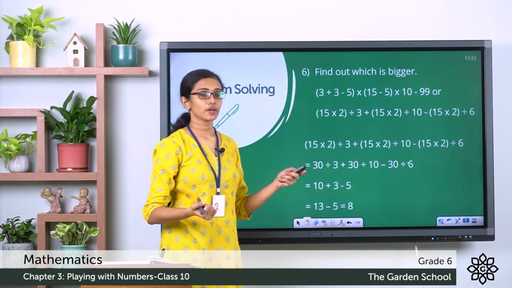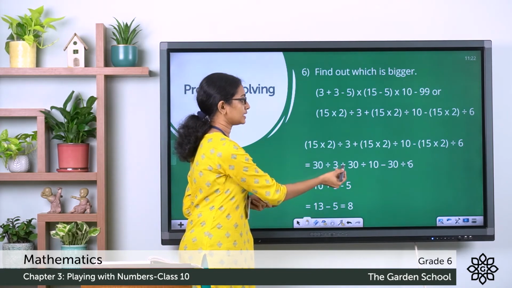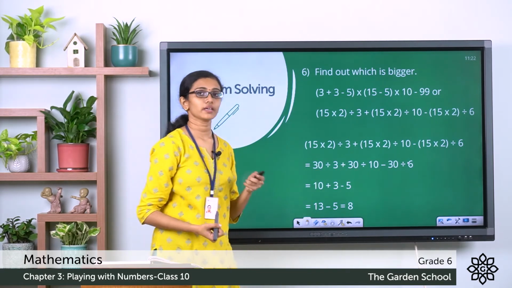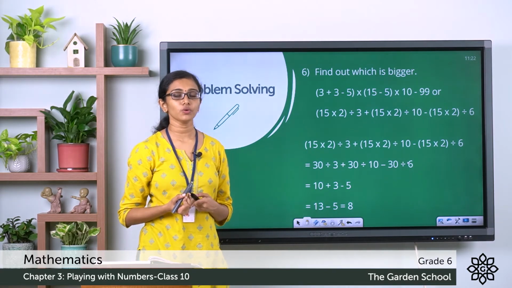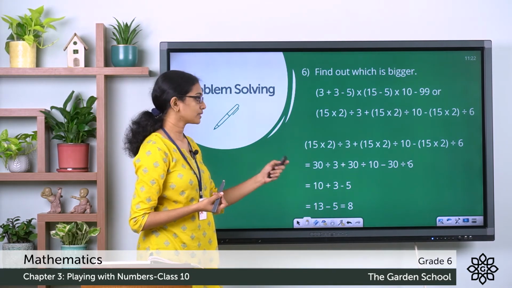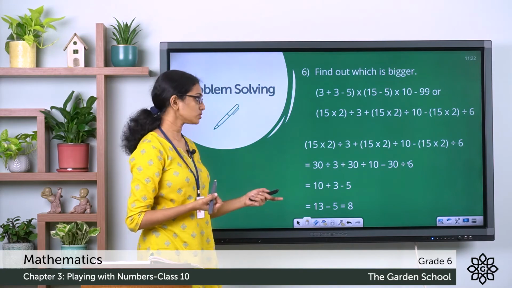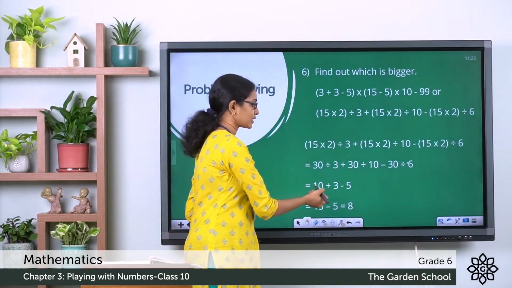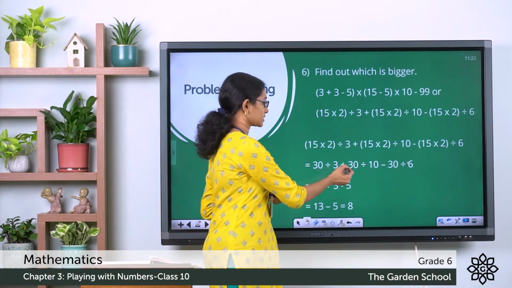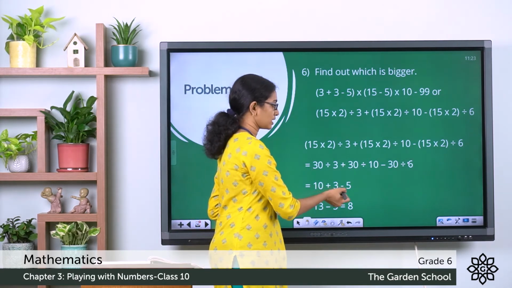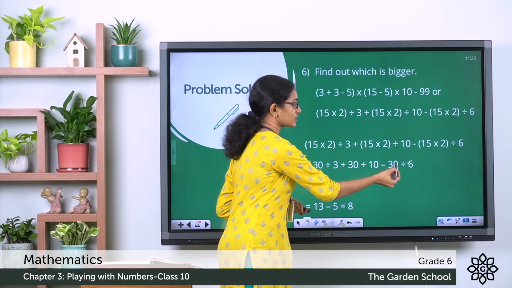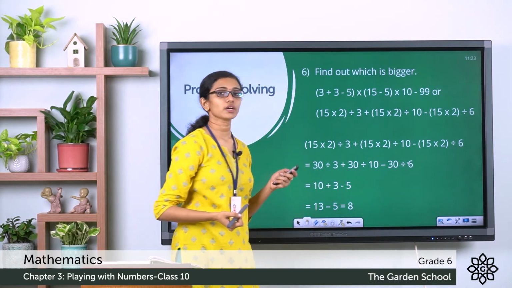So right now we have got division, addition and subtraction within the same statement. So following the odd-mass rule, we have to perform the division part first. So it goes 30 divided by 3 equal to 10. This plus 30 divided by 10, that is equal to 3. This minus 30 divided by 6, that equals 5.